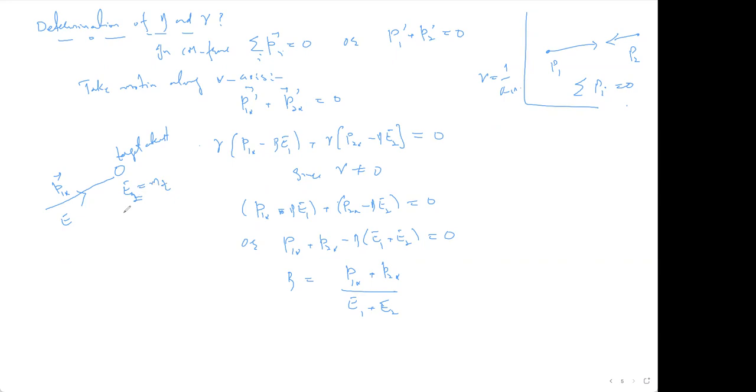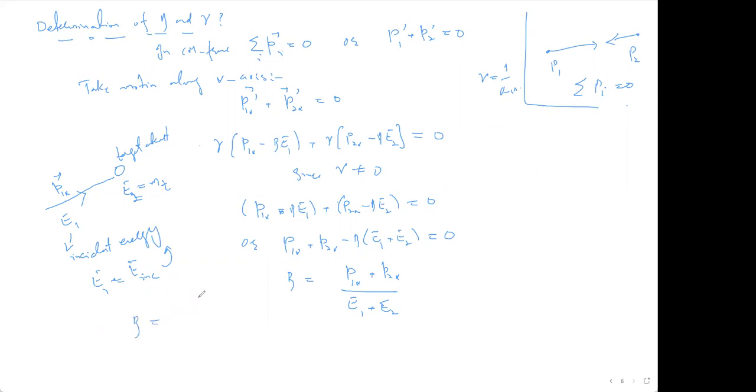So based on this, E1 is the incident energy of the particle. So I will represent this E1 by E incident, the energy of the incident particle. Now how will I write down beta?